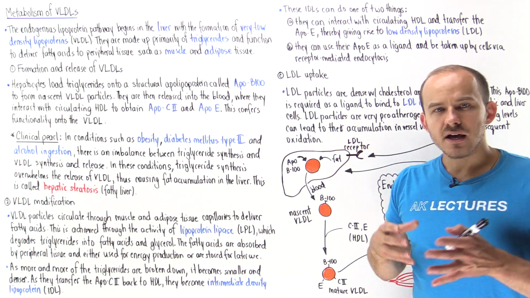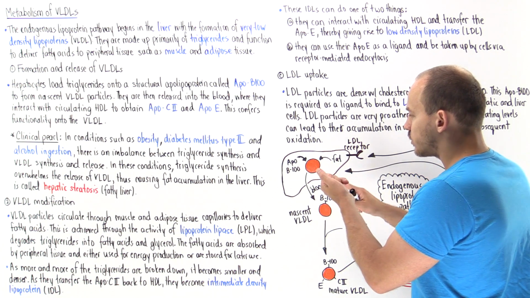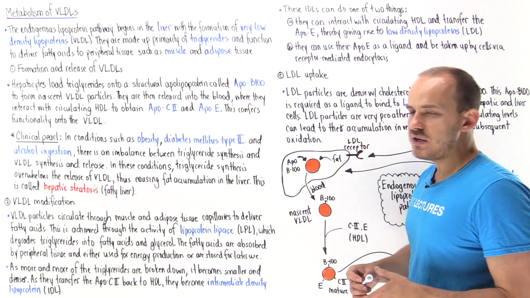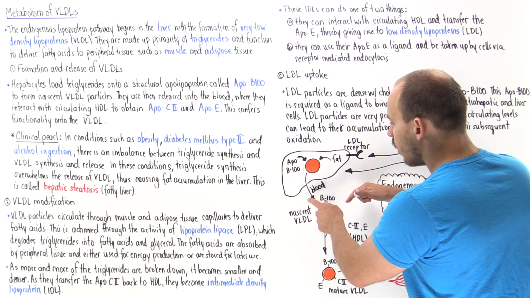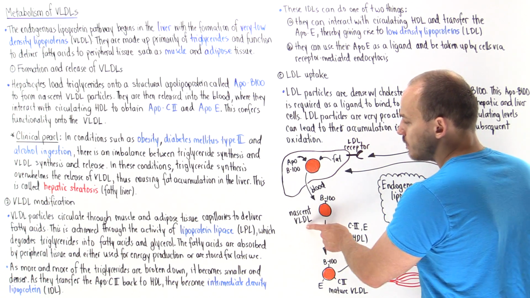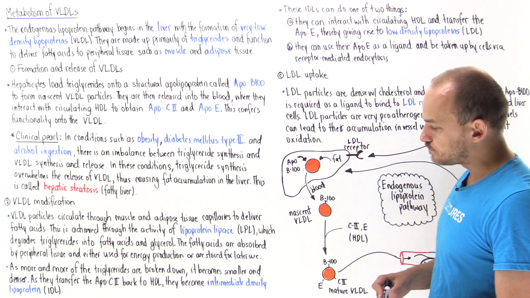So inside the hepatocytes, we combine triglycerides, cholesterol, phospholipids, and a single ApoB100 protein to form nascent or immature very low density lipoprotein particles, VLDL particles. These are then released into the bloodstream.